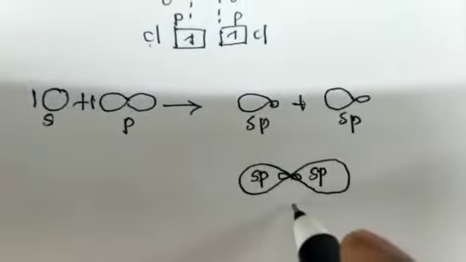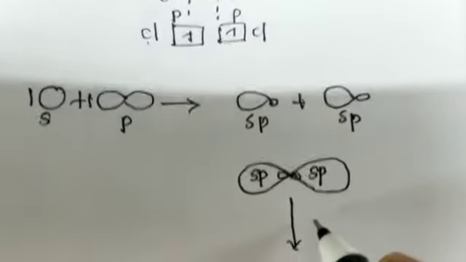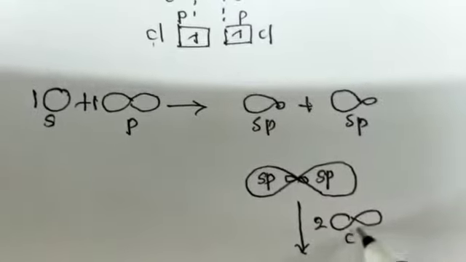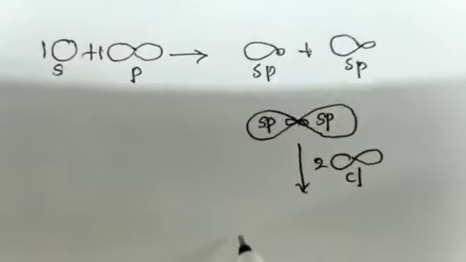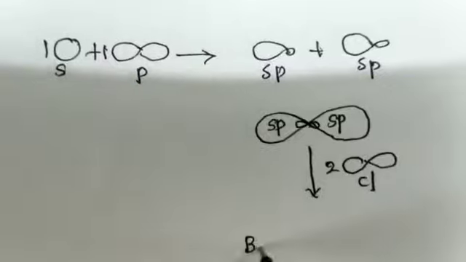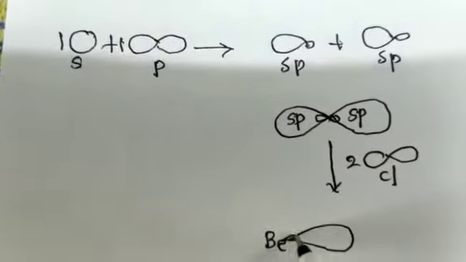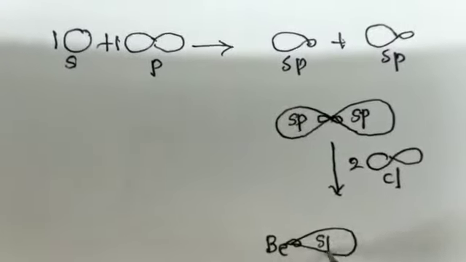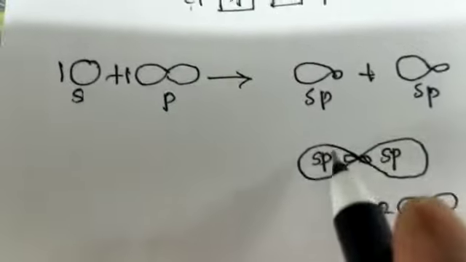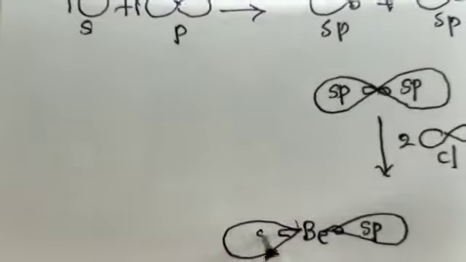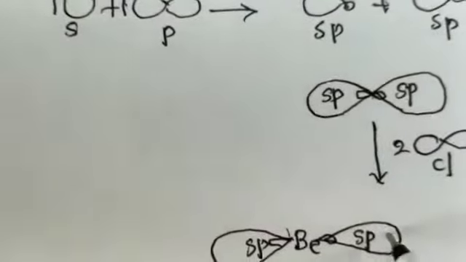Further, they overlap with the p orbitals of which atom here? The chlorine atom. Here beryllium is the central atom, with 2 sp hybridized orbitals, each having one electron.